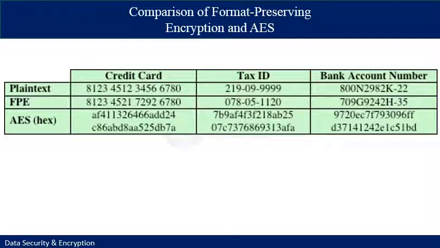The third row shows an example in hexadecimal and in simpler form of what might be generated by a format preserving algorithm. So as you can see, the credit card numbers are described in an AES hexadecimal format.